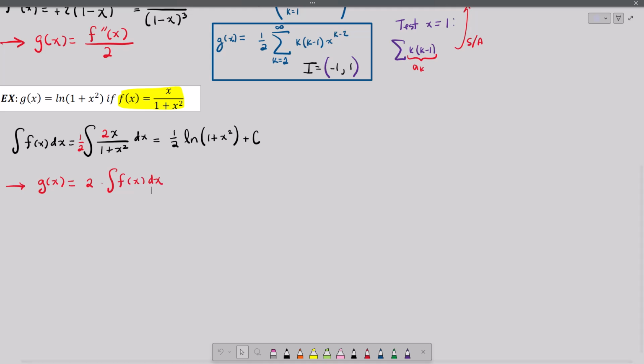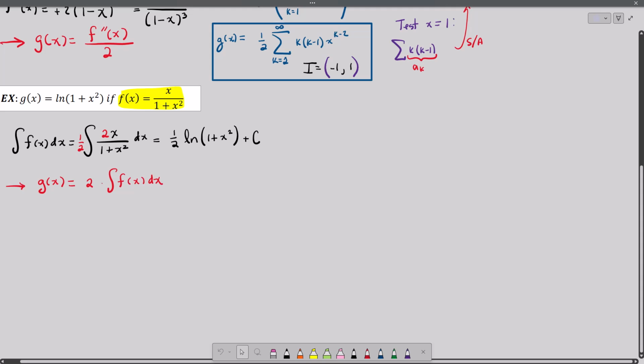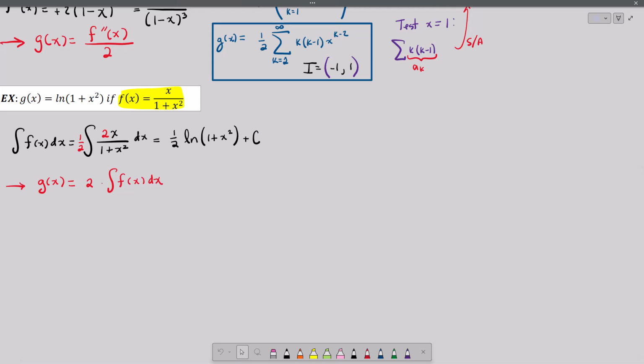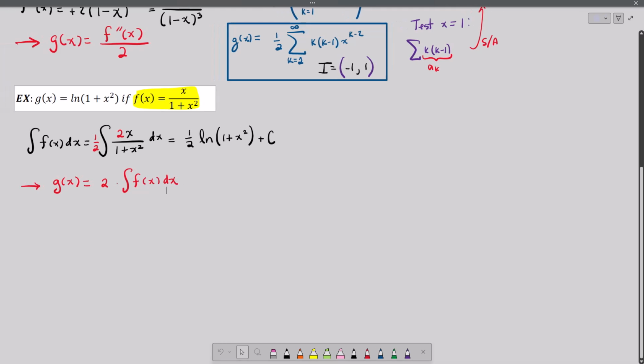But then we see that, oh, wait, this is going to have a constant that's going to come out anyway. So we don't really need to put the plus 2c here, because that's already going to have a constant in it that we can resolve. No need to have 2c, because we'll just merge them together into one constant. All right, so that is what we're going to do to f to get to g. That's our roadmap. It tells us how to build g from f.